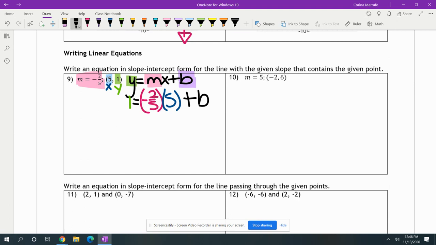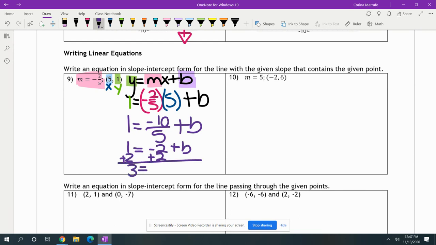So let's see, 1 equals negative 2 over 5 times 5. Well, we know negative 2 times 5 is negative 10. And that stays over 5, and then plus b. And negative 10 divided by 5 gives us negative 2 plus b. And we'll move the 2 to the other side. So 3 is equal to b.